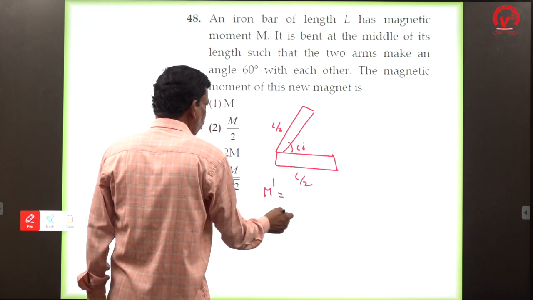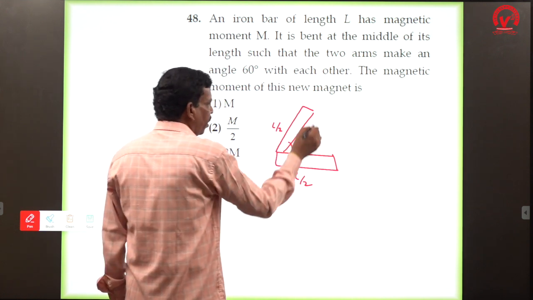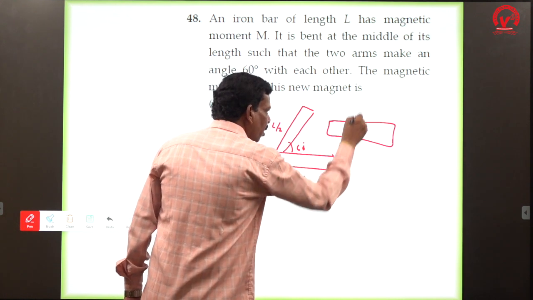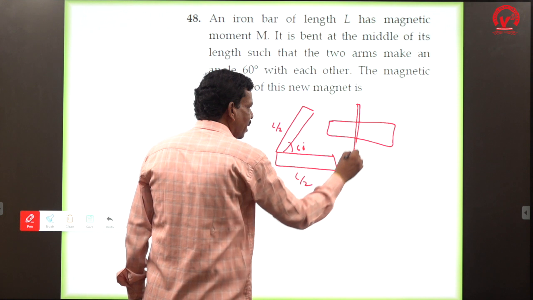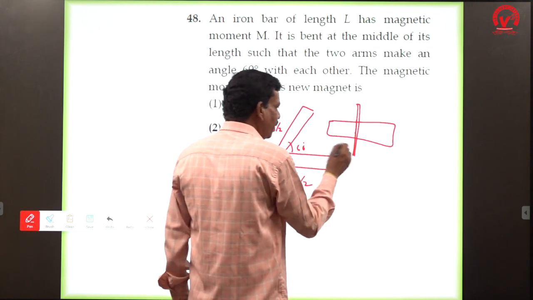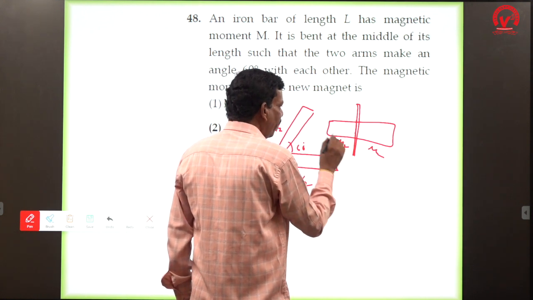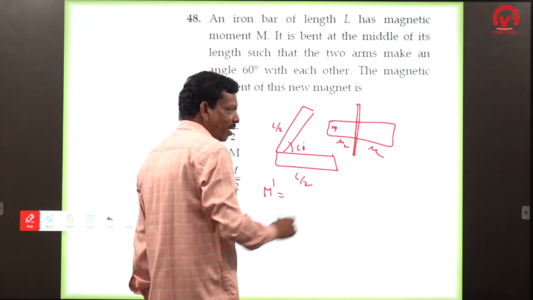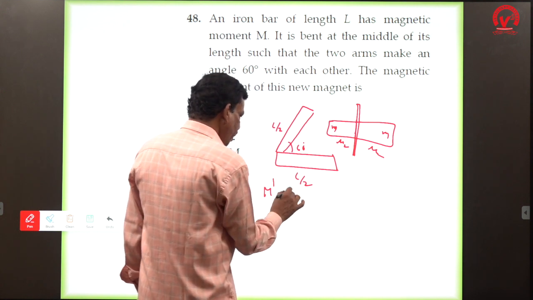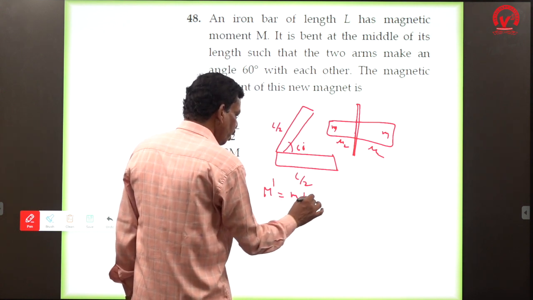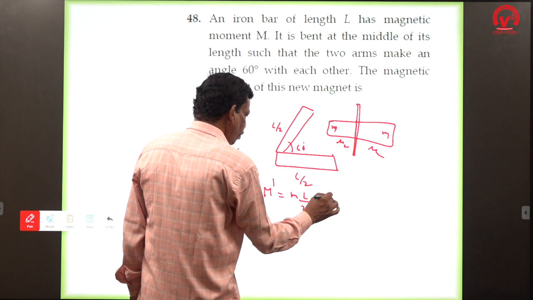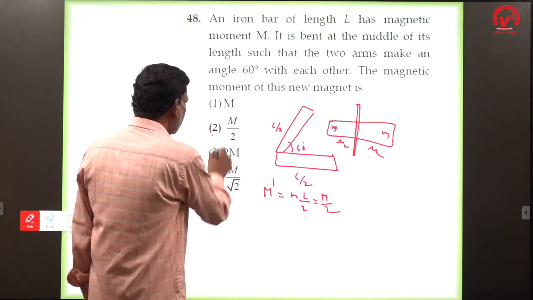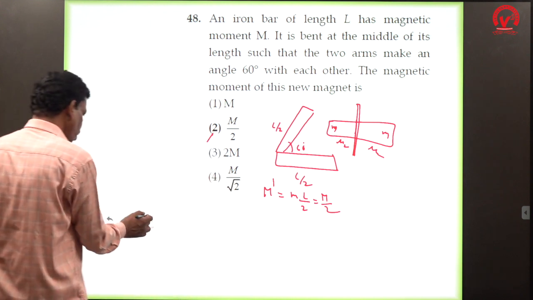Here the length is L by 2, but the magnetic pole strength is the same. So M dash is equal to M into L by 2, that is M by 2. M by 2 is the correct answer.